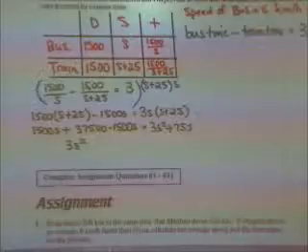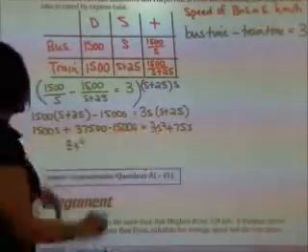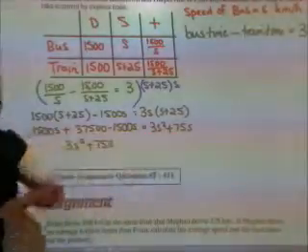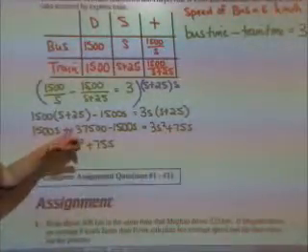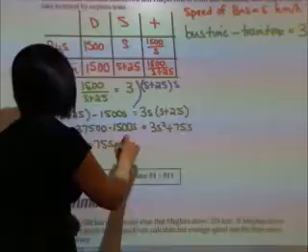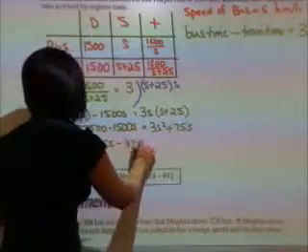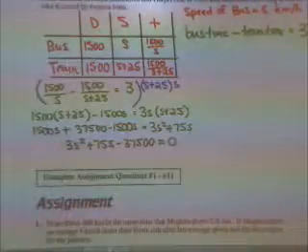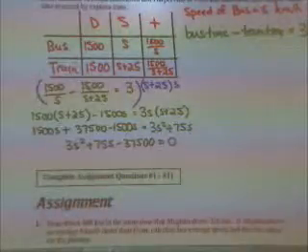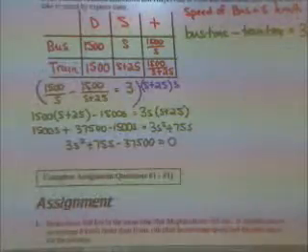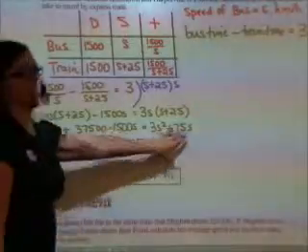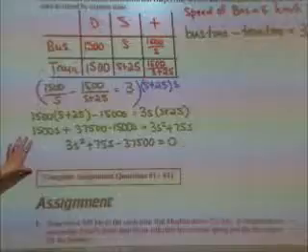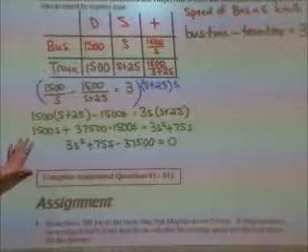So the 1,500S's will cancel out, which will leave me with 75S with the 3S squared. And then if I bring the 37,500 to the other side, it will become negative. And does it matter if I put the 0 on this side of the equation or over here? It doesn't matter.